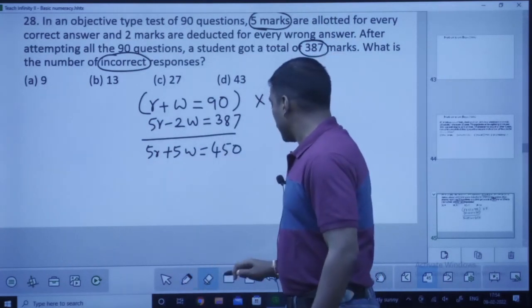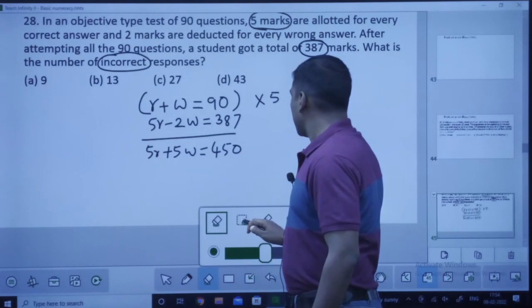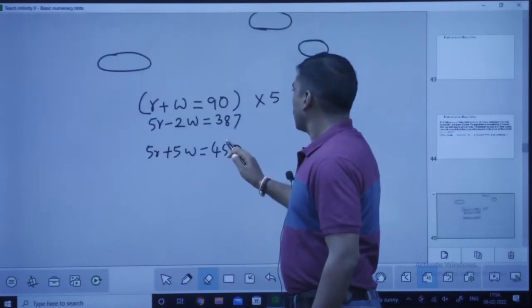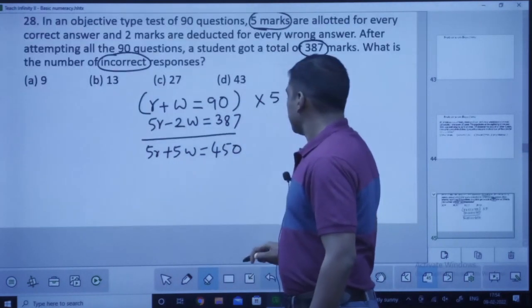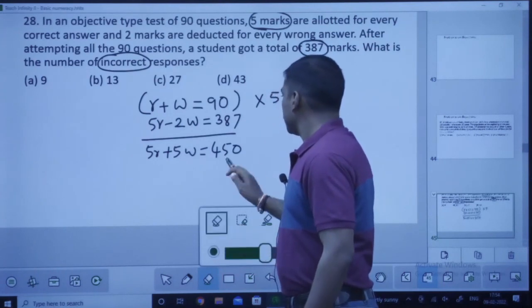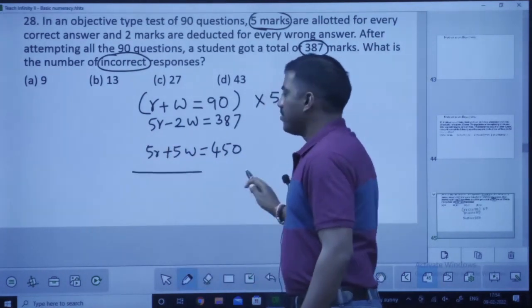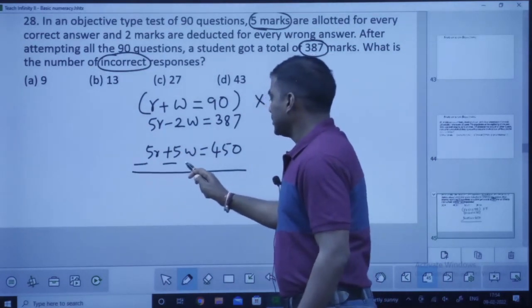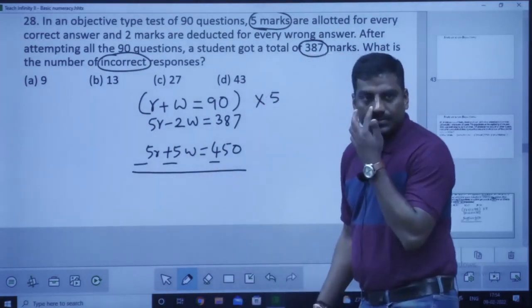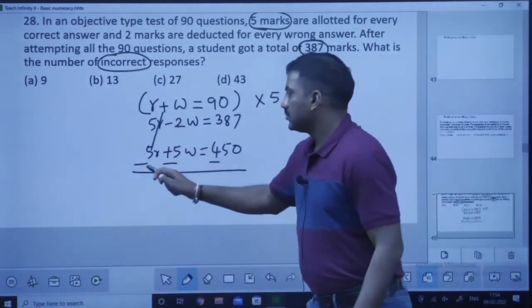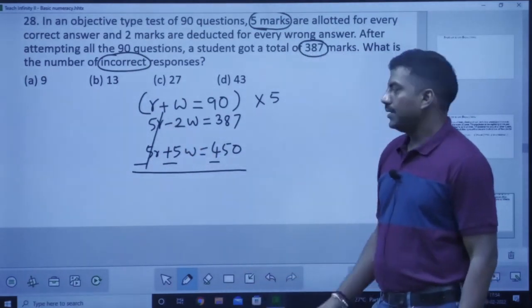Correct? Now, minus, minus, minus. R is gone.